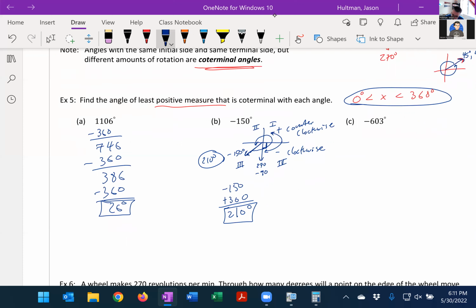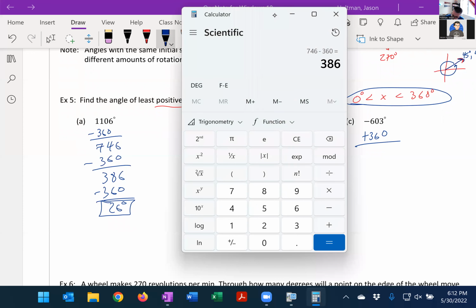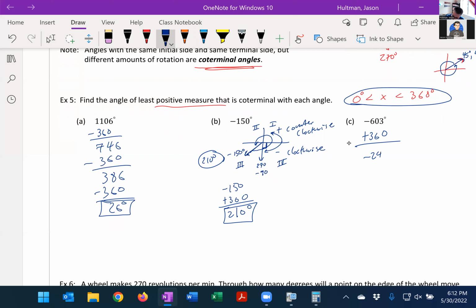Negative 603, we're just going to keep adding 360s until we get something in this range. Okay, so 603 plus 360. Oops, sorry, it's negative 603. Negative 603 plus 360 is negative 243.